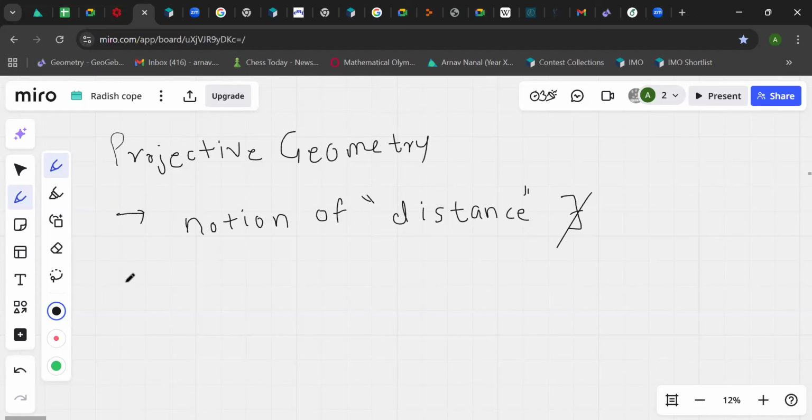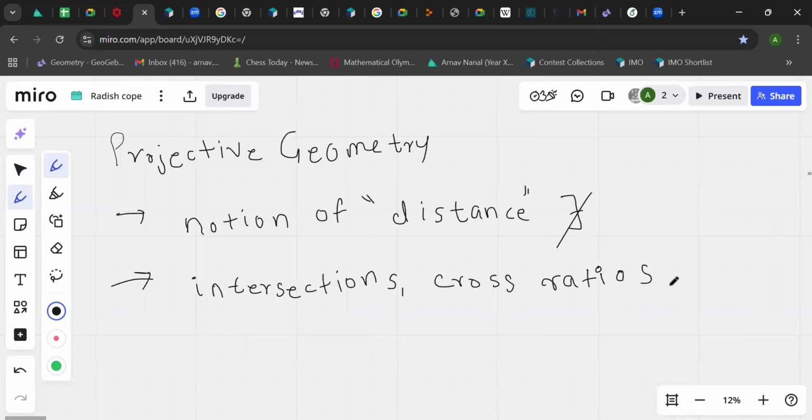Now we will be mainly dealing with intersections and cross ratios. What do you mean by cross ratio? We will get to that in some time. Intersections and cross ratios, and projective maps or something.